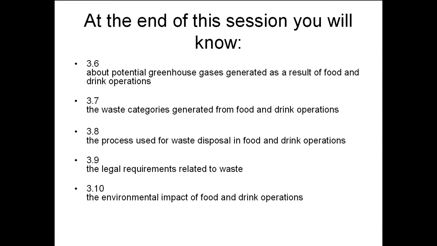I used some of the slides from the EPA, from the Environmental Protection Agency from 301. So we're just going to go through them and just remind ourselves of that, and then we can move on. And then the legal requirements related to waste, and then environmental impact of food and drink operations. So that's what we are doing.